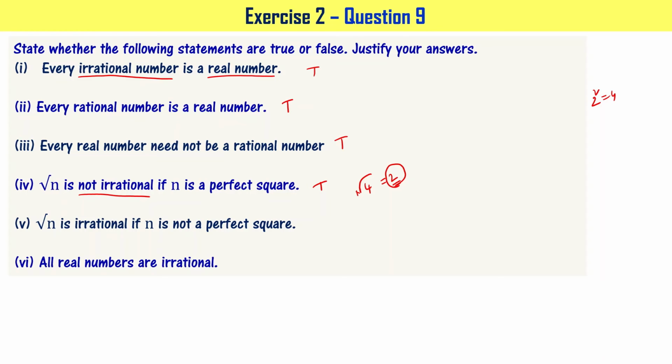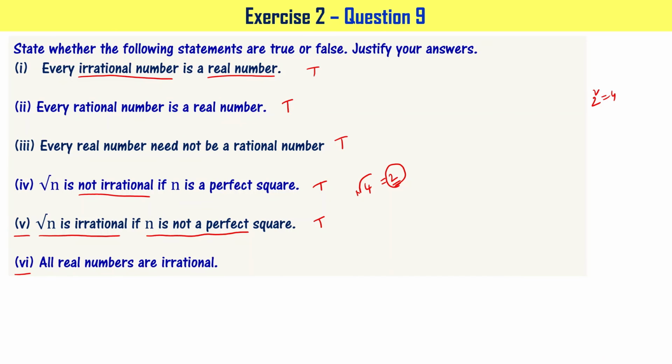Now let's look at the fifth part. Root n is irrational if n is not a perfect square. You see, n is not a perfect square. It means automatically root n is going to be irrational, right? That's why this is also true. The last part of the question is, all real numbers are irrational.